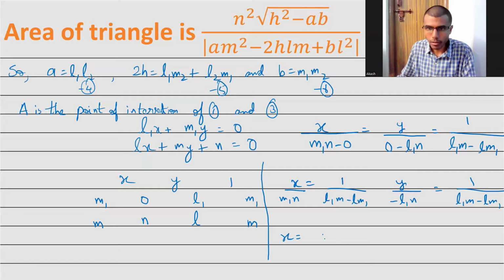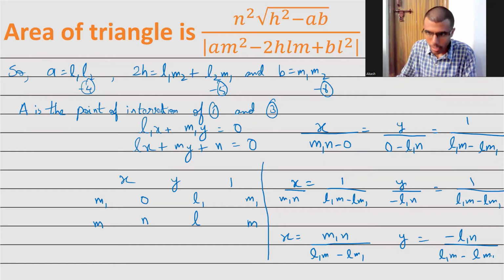So my x is equal to M1N divided by L1M minus LM1, and y is equal to minus L1N divided by L1M minus LM1.